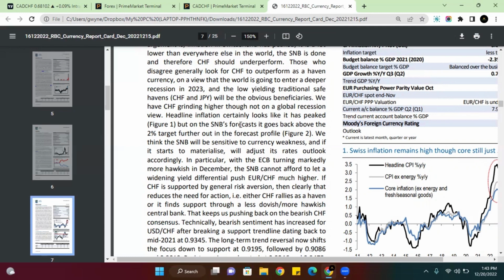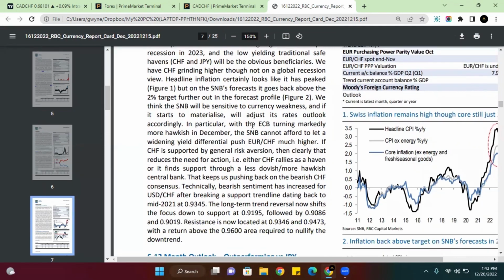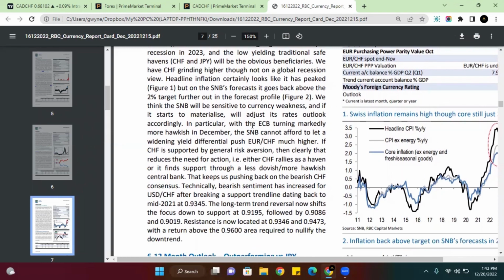So what they're saying is that the Swiss franc will benefit from everybody else being in a recession, because it'll make their country, their currency, and their economy look better. Their currency will not be weak compared to the rest of the world, right?